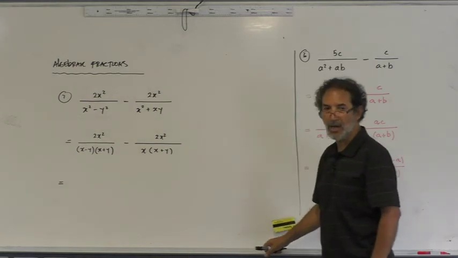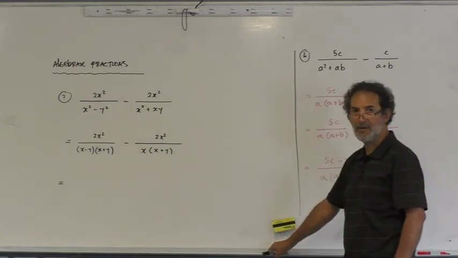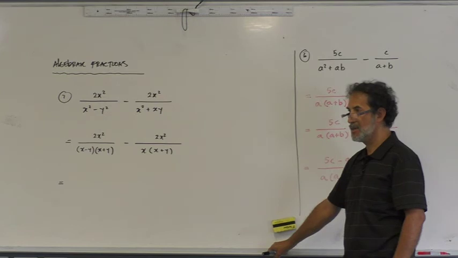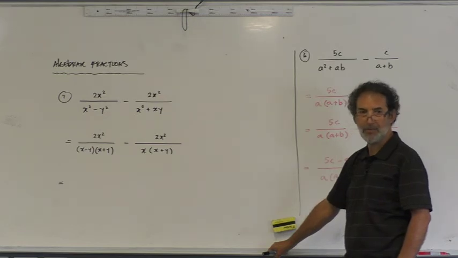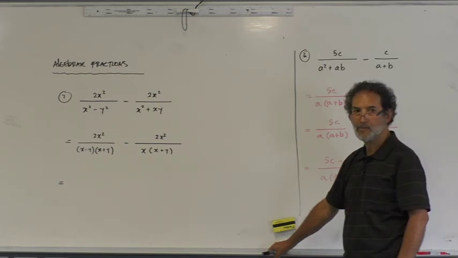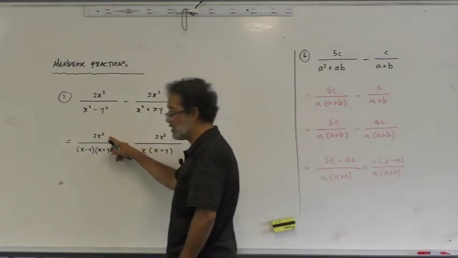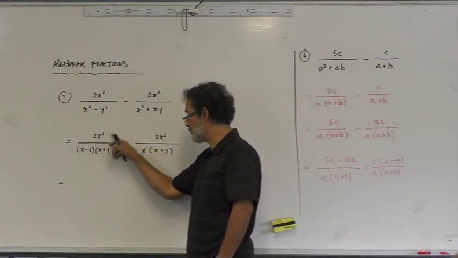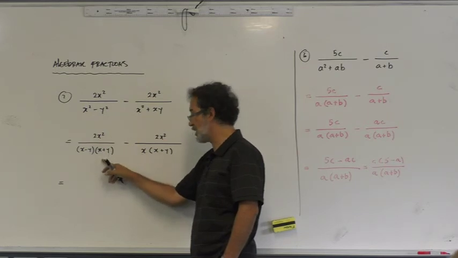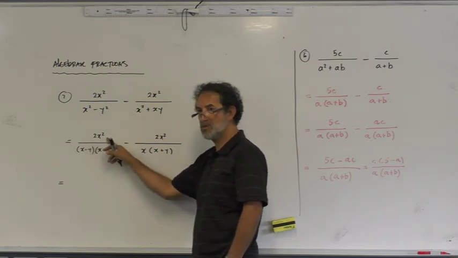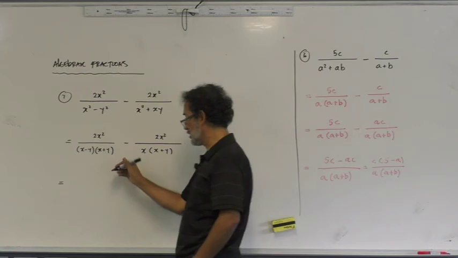Okay, so we are going to multiply the first fraction by x, the top and the bottom. When you multiply the top and the bottom by x, can you see that this is going to be 2x cubed? So you're going to put 2x cubed.